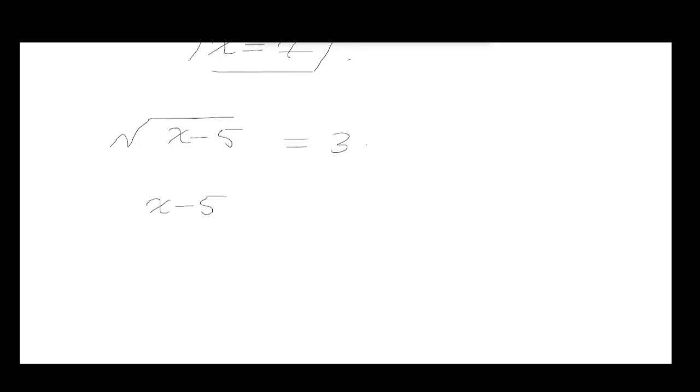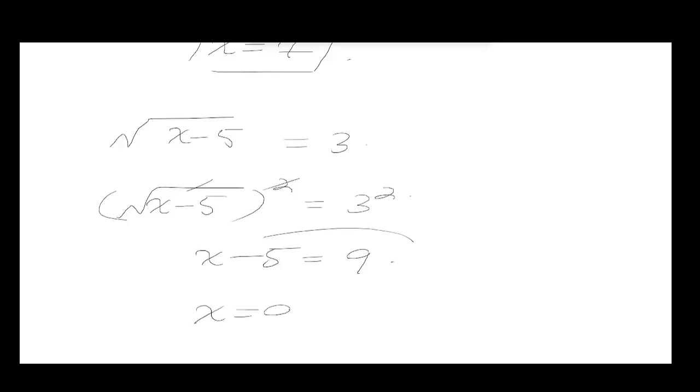That means x minus 5 whole square will be equal to 3 square. So now square and square root get cancelled. x minus 5 is equal to 9. So minus 5 will go to the right side and x will be equal to 9 added with 5. So x is equal to 14. So this will be our final answer.